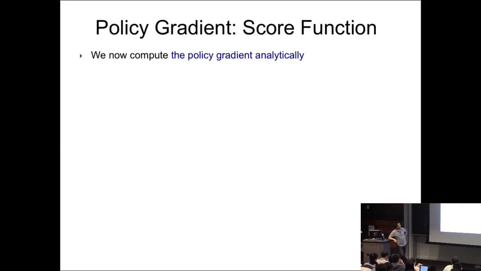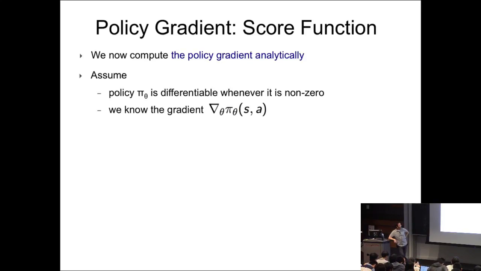Now, let's look at the policy gradient method and try to compute these gradients analytically. We're going to make an assumption that the policy is differentiable whenever it is non-zero.